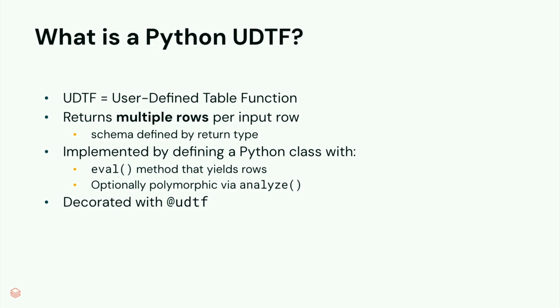Spark will call this method for each input row and collect all the yielded results as a table. UDTFs are decorated with the @udtf decorator, which tells Spark how to register and use them, similar to how the @udf or @pandas_udf decorators work for UDFs.